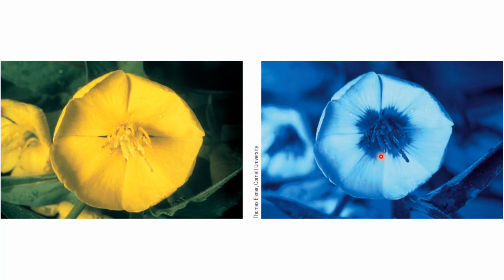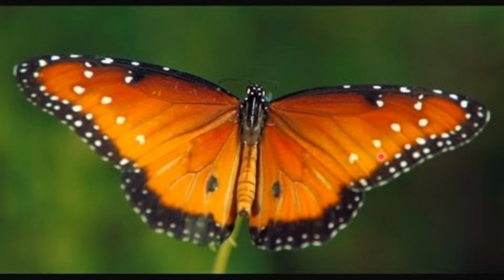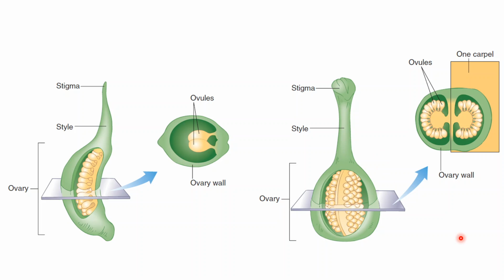And many plant species have a mechanism to prevent self-pollination, because it's better to prevent self-pollination. Cross-pollination is better.